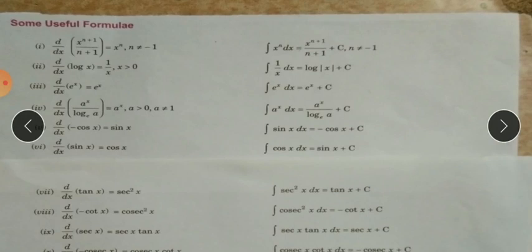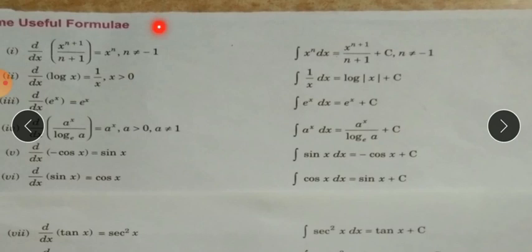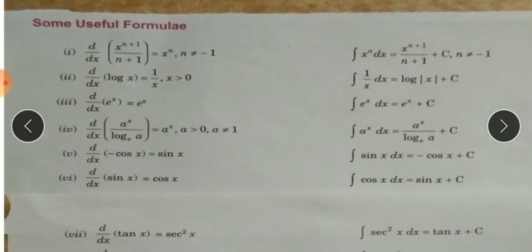these are some useful formulas. We know that d dx of x raised to n plus 1 upon n plus 1 is equal to x raised to n. Its antiderivative, that is inverse process of differentiation, is integration, as I have just explained.